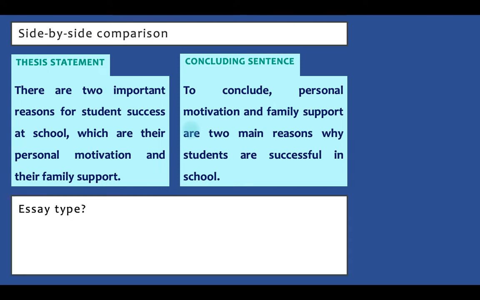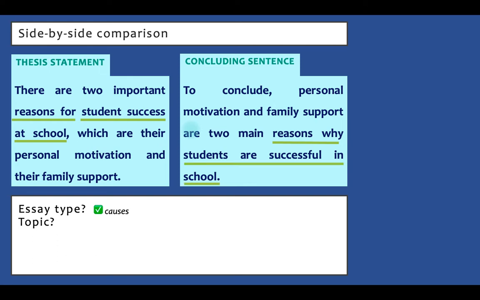So, do they show the essay type? In the thesis statement, we have reasons for. In the concluding sentence, we have reasons why. So yes, they both show the essay type. Do they show the topic? Yes, the thesis statement shows student success at school.